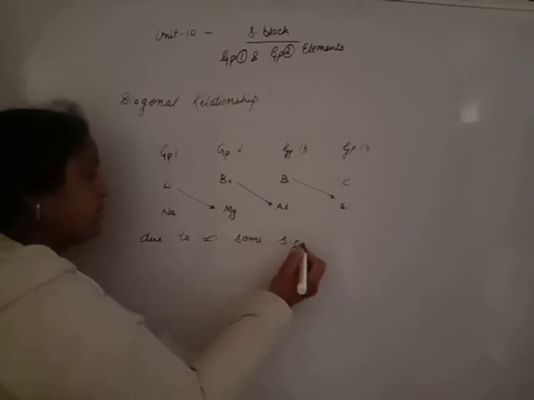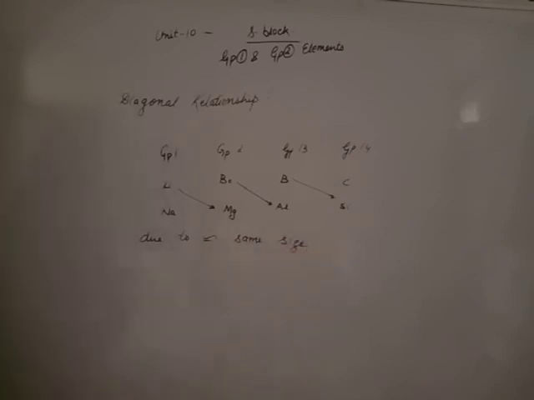Due to approximately the same size, same ionization enthalpy, same electronegativity. This is the reason that the first element of a group has similar properties to the second member of the next group. Thank you.